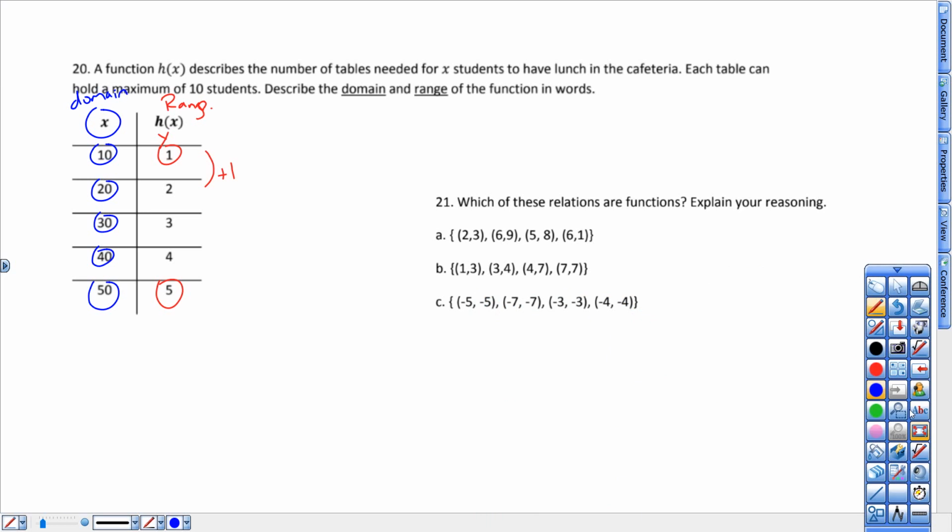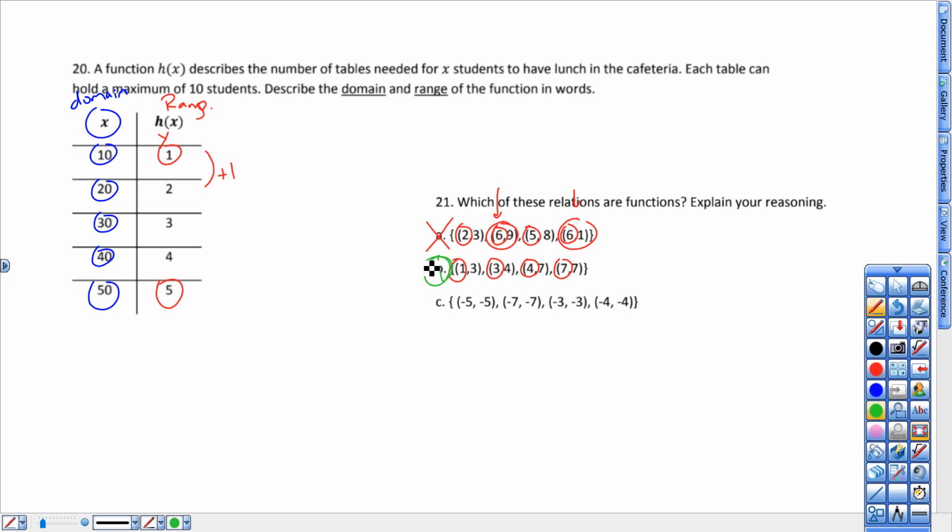All right, this one says which ones are functions. Anything that has an x number not show up more than once. 2, 6, that shows a 6 showing up twice. One spits out a 9. This one is a 1. That is not a function because of that 6 number right there. If I look at the next one, none of these x numbers are repeating, so that one is a function.